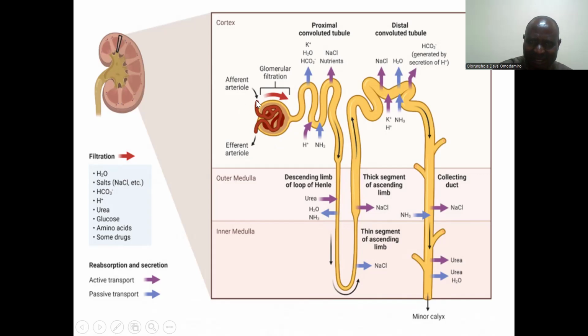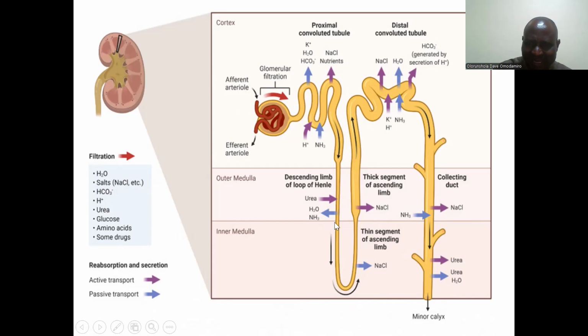And then the efferent arterioles return the blood back to the general circulation. Then from there, the organ continues to the proximal convoluted tubule, which goes through to form the loop of Henle.